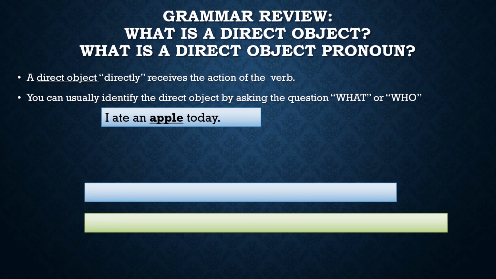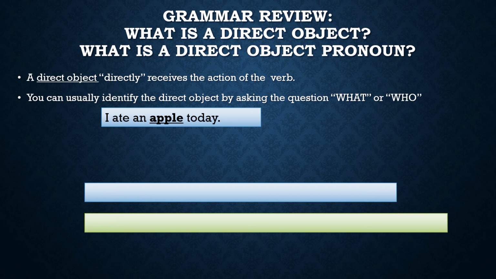I ate an apple. So apple is the direct object, or we could think of it as it directly receives the action of the verb ate. And it can help us find what the direct object is by asking what or who. What or who receives the action of the verb. Okay, so apple is the direct object, and we know apple is a noun.